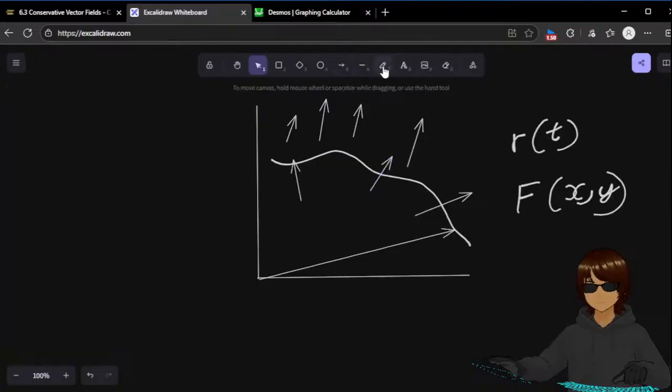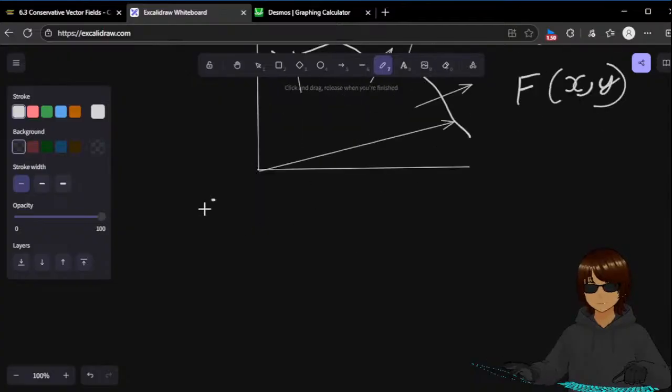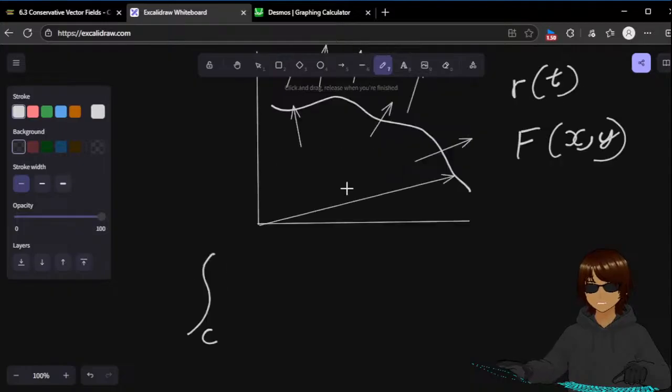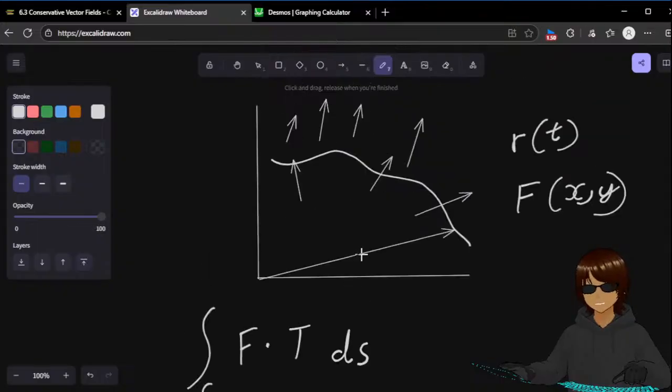So what we want is this thing over here, from curve C, going through curve C: F dot tangent ds. The tangent is the unit tangent vector.